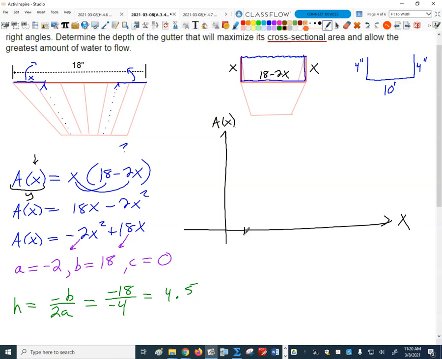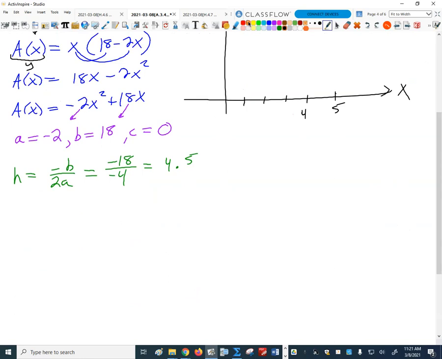Well, I know one thing: my x coordinate of the vertex is going to fall halfway between 4 and 5, so 4.5 inches. If I want to calculate the output, I'm just going to plug 4.5 into my function. And let's use Desmos for that. We can use Desmos to make that calculation.